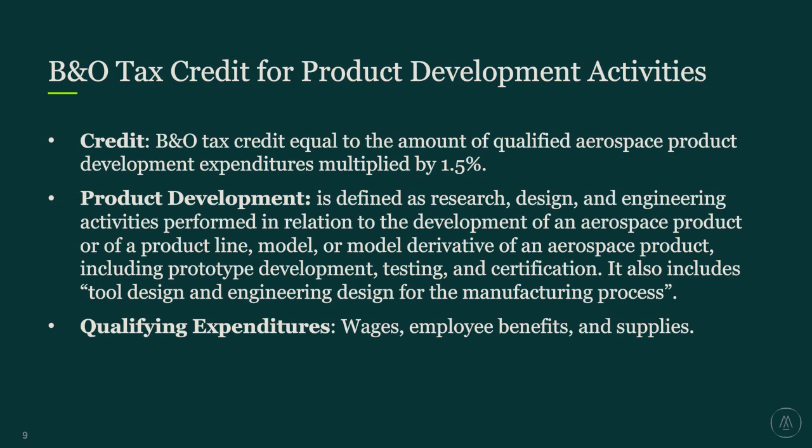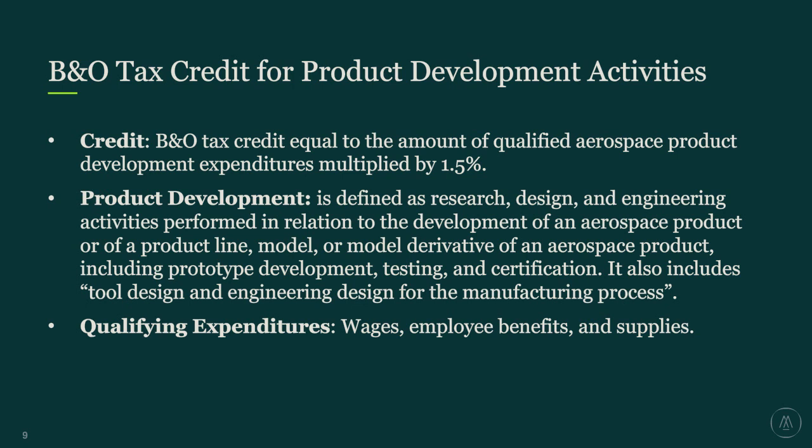And then lastly, consult with a practitioner on your product development activities because this is a really complex area, and I hate to see folks who think, okay, we're doing R&D, but maybe they haven't documented it well enough. So make sure you're consulting with a tax advisor on this because it is not easy. So that is the product development credit.